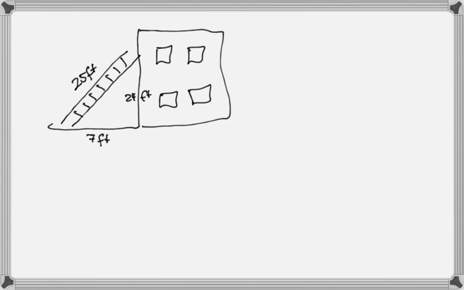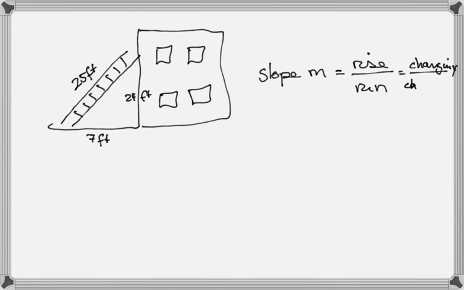The slope, m equals rise over run, or change in y divided by change in x. Y is the vertical, x is the horizontal.